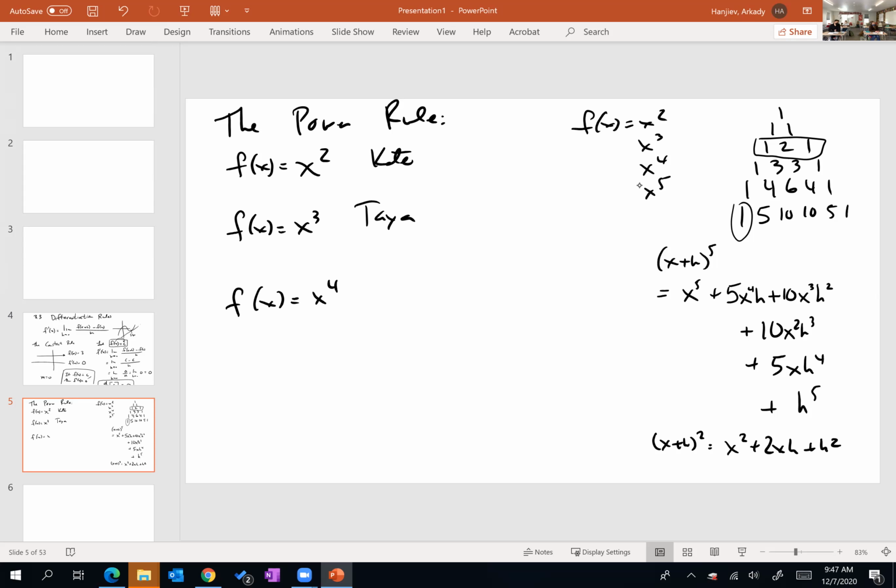Eli, x to the 4th. And x to the 5th for Sadie. Okay, we good? All yours, have fun. And we want to develop a pattern from this. But we've got to do each one of those to see our pattern.